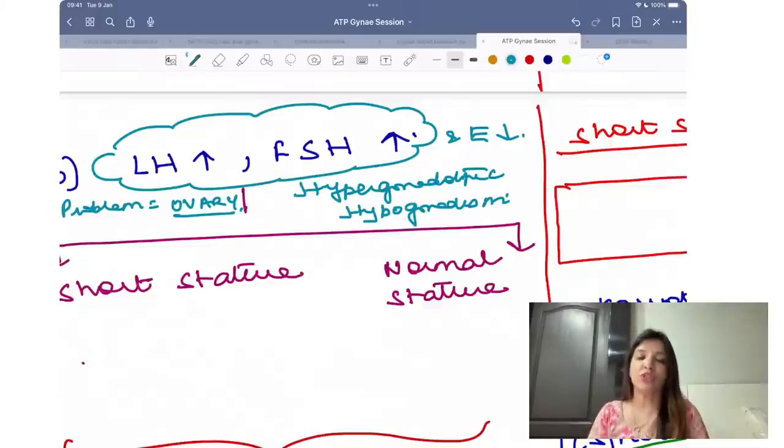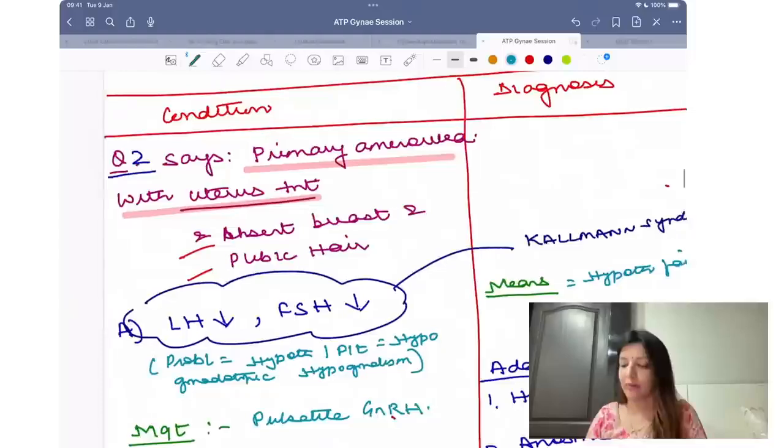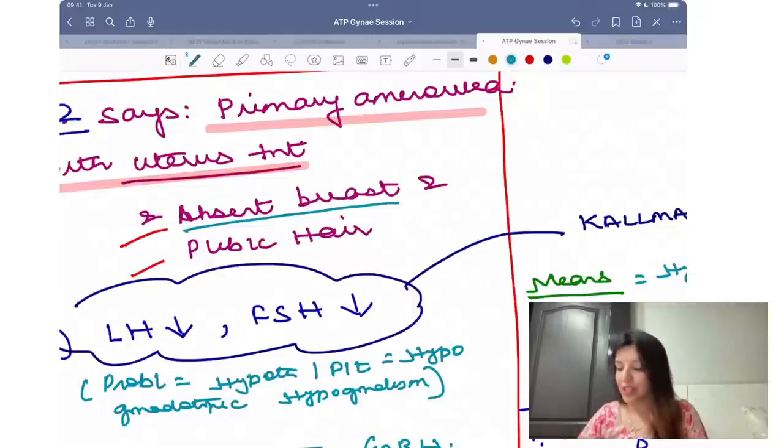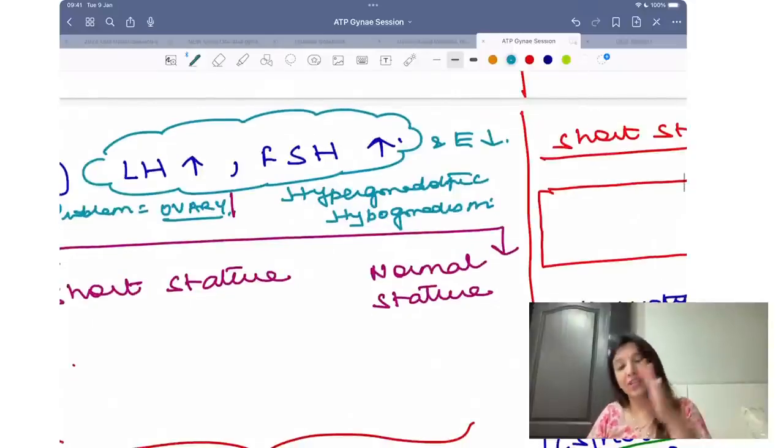Now you are going to say, ma'am, the question didn't say that estrogen is low. The question definitely said estrogen is low, because they are saying absent breast. The moment they say absent breast, it means estrogen is low. So whenever LH, FSH, and estrogen are all decreased, the problem is hypothalamus or pituitary. Whenever LH, FSH are high and estrogen decreased, the problem is in the ovary.